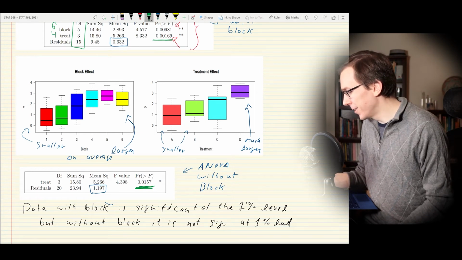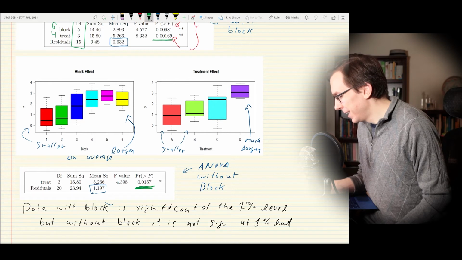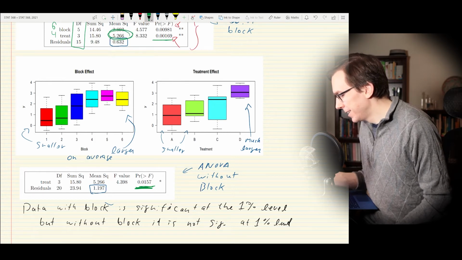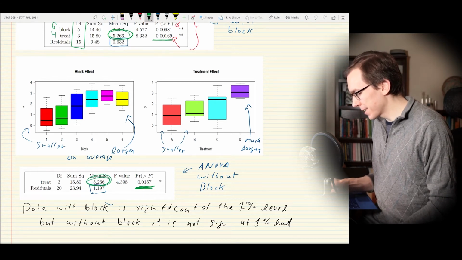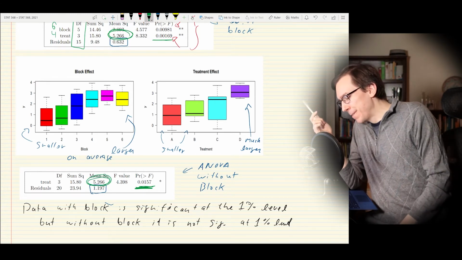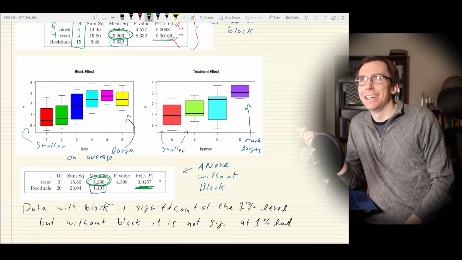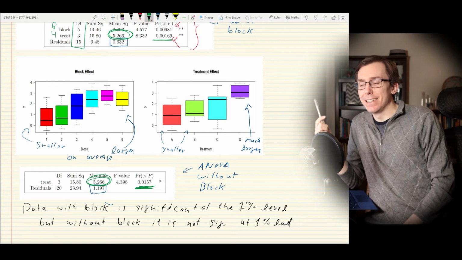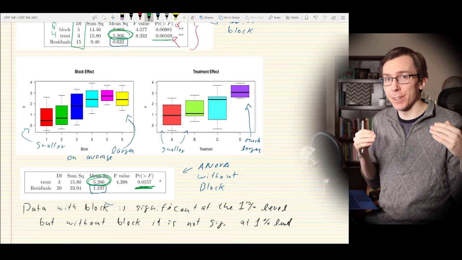Also, one other thing of note, if you're staring at these tables enough, you might notice one other thing. The treatment mean square is 5.266 up here, and look, it's actually 5.266 down here as well. So what's happening here is that, remember, because this is a complete design, we're testing all the treatments within all the blocks the same number of times.